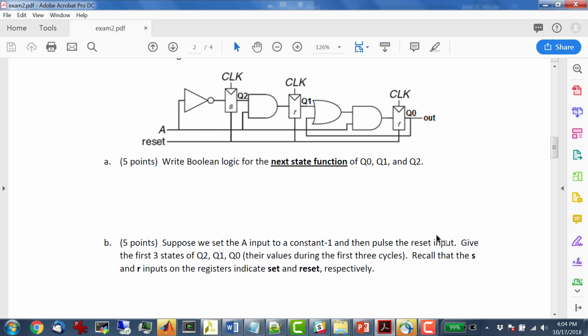Now, because A is hard-coded to 1, that means that from now on, Q1 is always going to get whatever was Q2 in the previous cycle. And then Q0 is the OR of these two, which is 0, and A, which is 1, but 0 and anything is 0, so that'll be a 0 there, right?